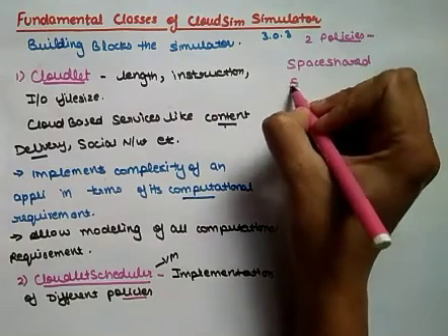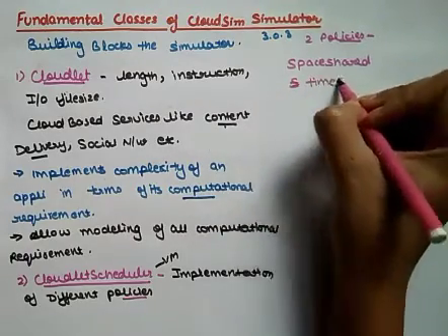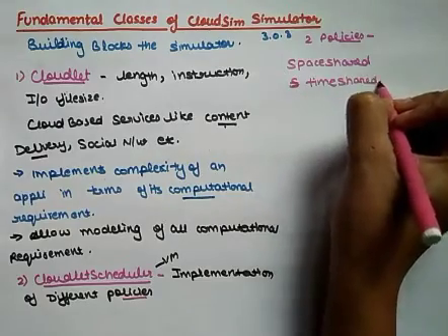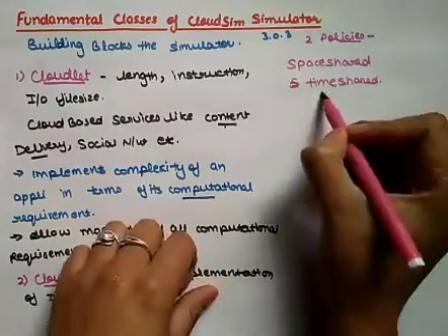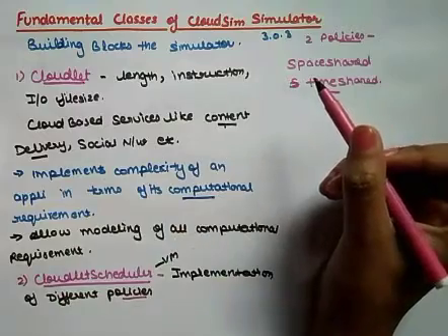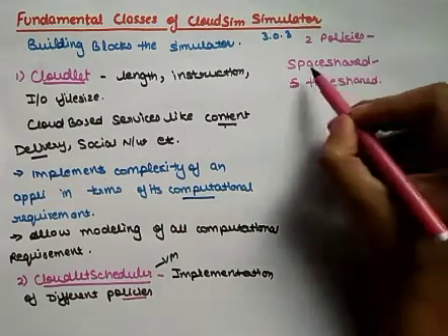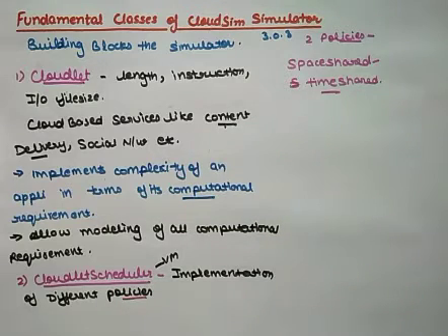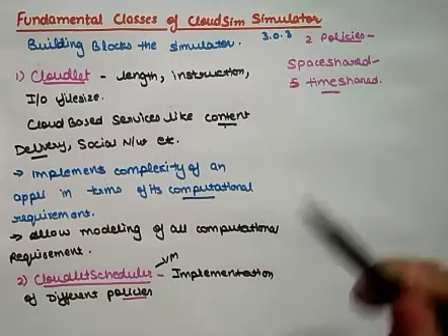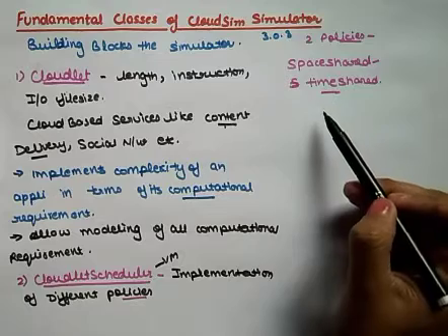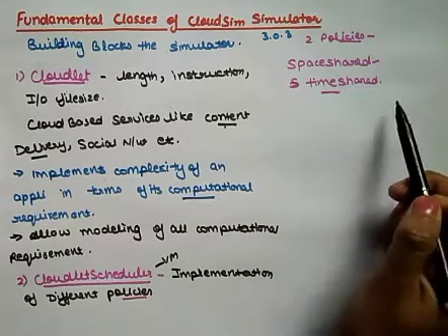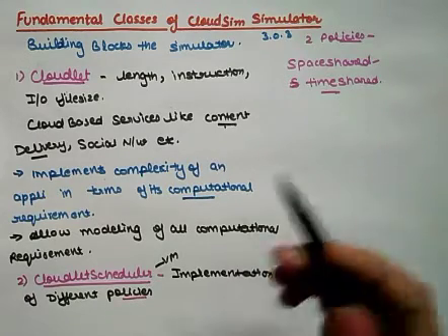Second is time shared, right? It uses the CloudletSchedulerTimeShared class. This is a simple thing: the space shared policy uses the CloudletSchedulerSpaceShared class, and the time shared policy uses the CloudletSchedulerTimeShared class. Okay, this is the simple thing.